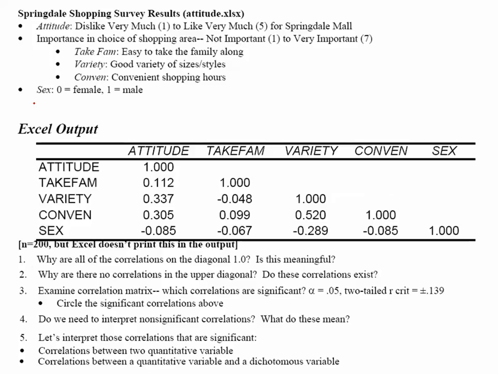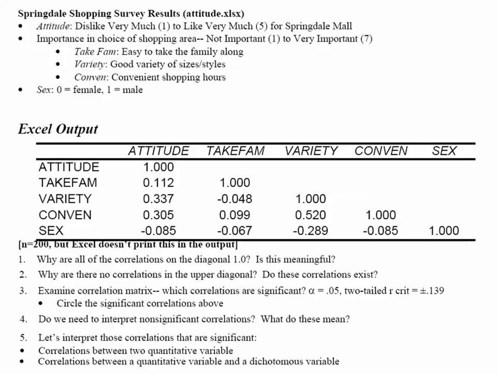So in this example, we're looking at this survey that was done about Springdale Mall, and the data set is available to you in the data sets called Attitude.